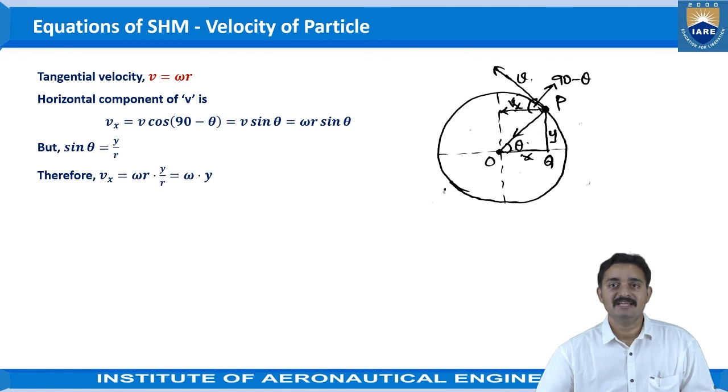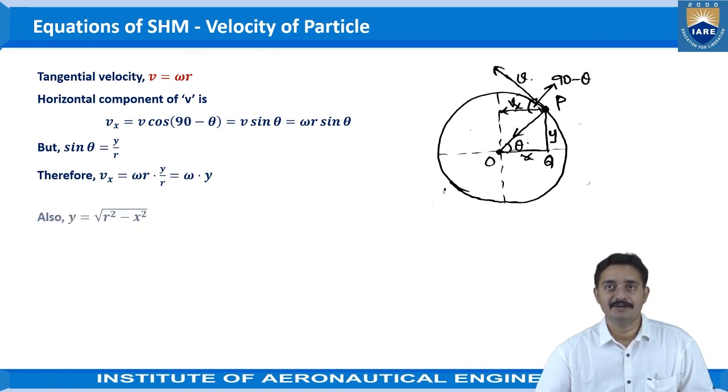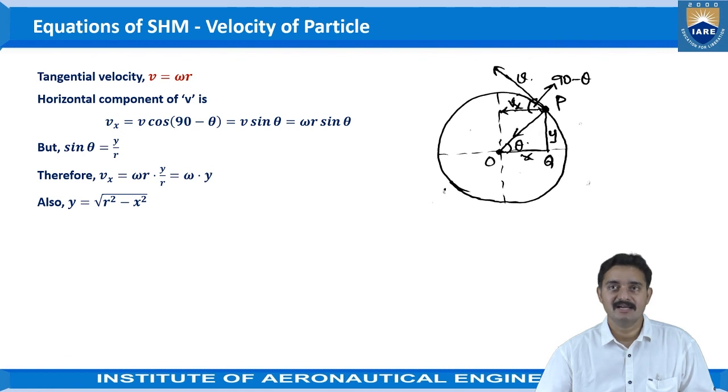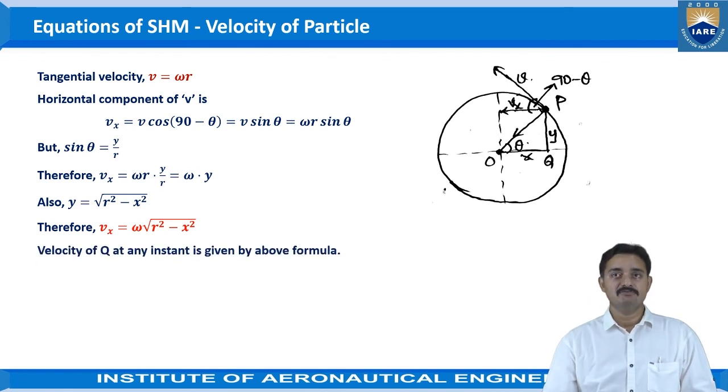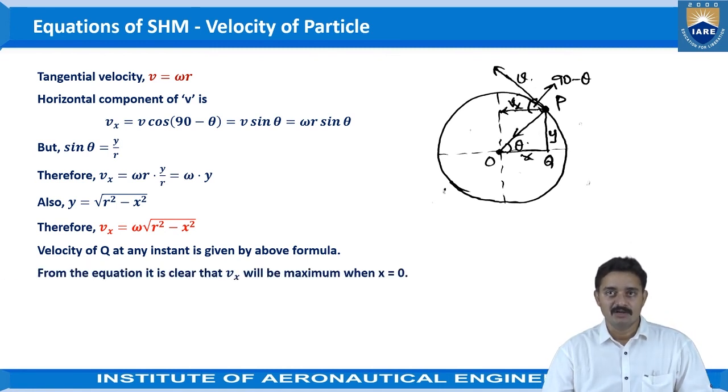So therefore, Vx is equal to omega r into y by r, which is equal to omega into y. Also, y is equal to under root r square minus x square, from the right angle triangle Pythagoras theorem. Therefore, Vx is equal to omega under root r square minus x square. So velocity of Q at any instant is given by the above formula.